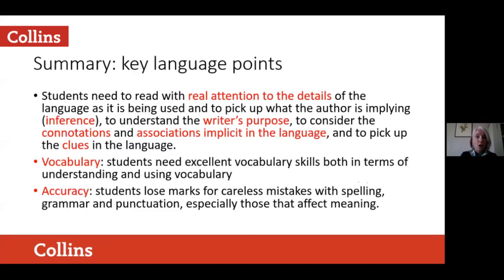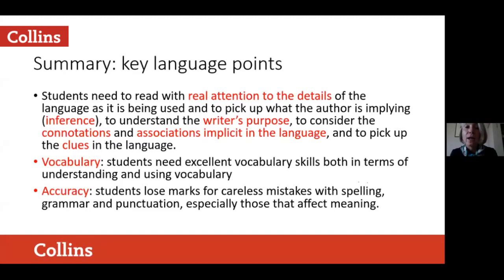Vocabulary, students need not only to understand for the reading exam, but to have very strong mastery of vocabulary skills and a wide range of vocabulary for both the writing part of the reading exam and the separate writing exam. And then accuracy. It's really important students pay a lot of attention to accuracy.